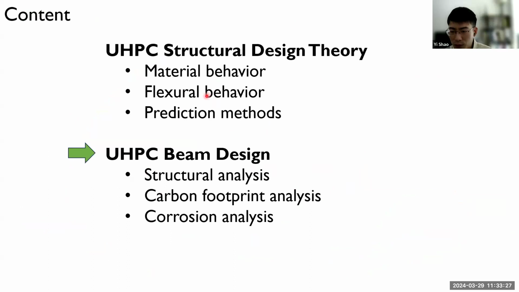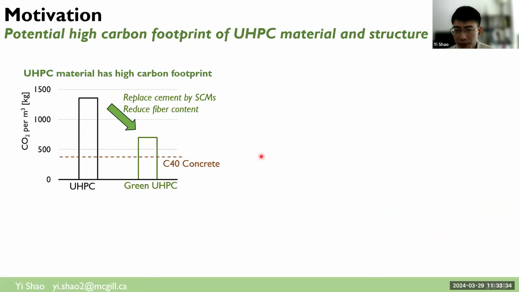And then we'll move to the second half of our talk, which is about UHPC beam design. A few motivations of the second part: first of all, UHPC, because of the absence of coarse aggregates, has a much higher binder content and therefore carbon footprint when compared to conventional concrete.